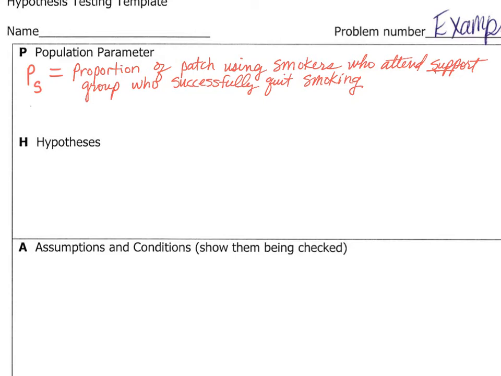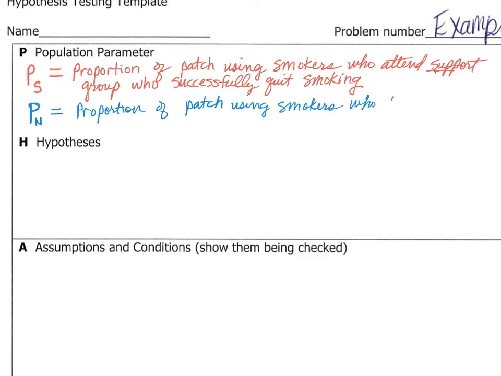All right, I'm going to do this in a different color just so it's easier to see. P, and I'm going to use the little N. And this is going to be the proportion of what? Patch-using smokers who did not. Okay, good. Proportion of patch-using smokers who do not attend a support group and quit smoking.